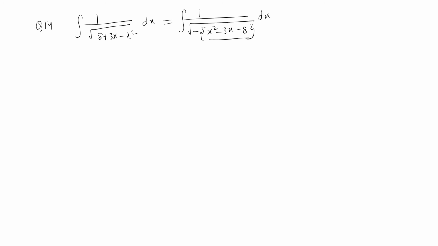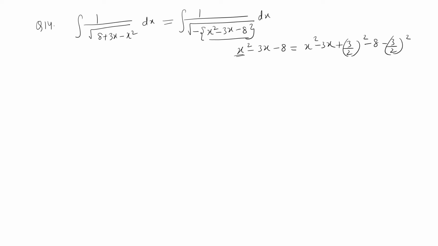made a perfect square. So this x square minus 3x minus 8, again x square has coefficient 1, so half of the coefficient of x here is 3 by 2, so I'll add (3 by 2) whole square and subtract (3 by 2) whole square.